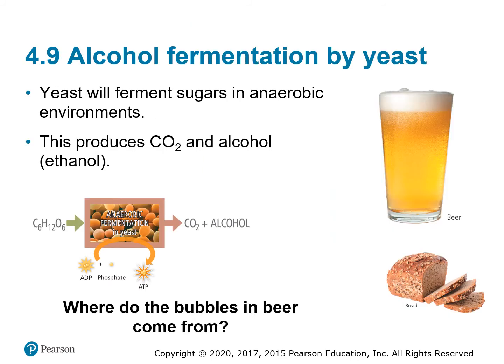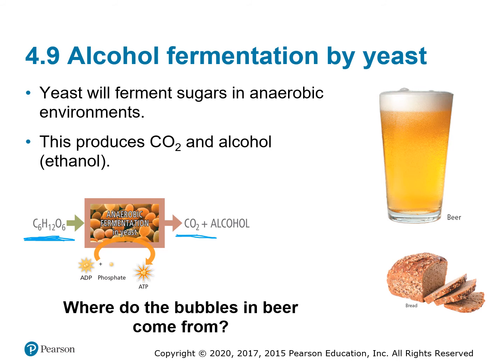The second type of fermentation is alcohol fermentation, and this is done by yeast cells. So imagine like the yeast that you use to make bread, for example, or the yeast you use to make beer. In this process, carbon dioxide is released. You start with glucose, you undergo glycolysis like before to pyruvic acid.